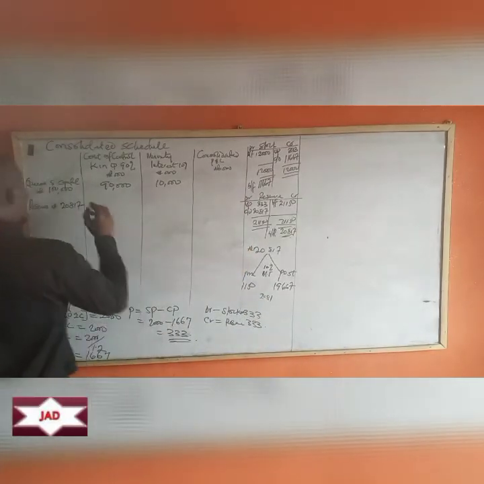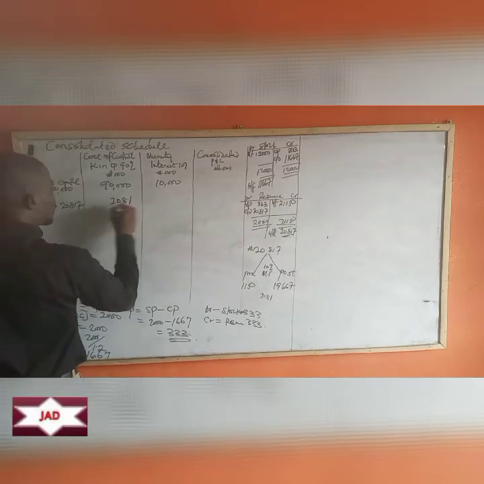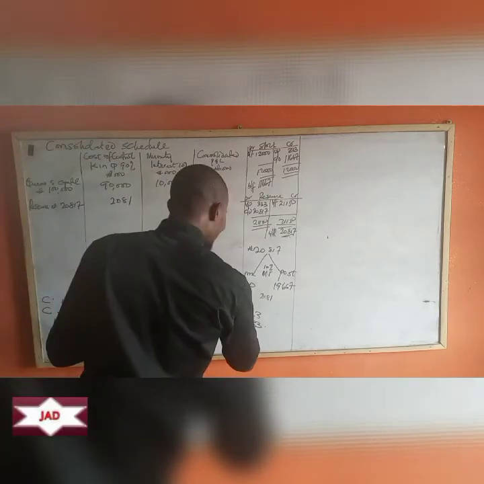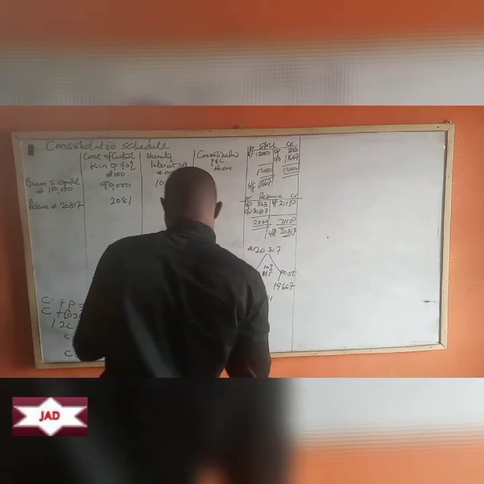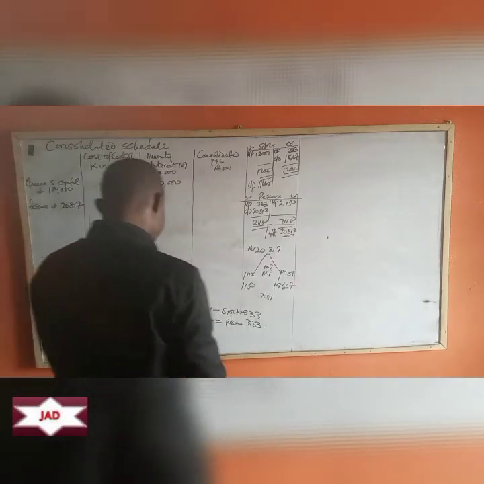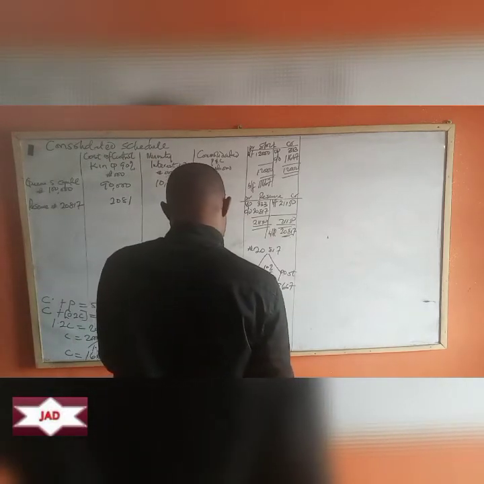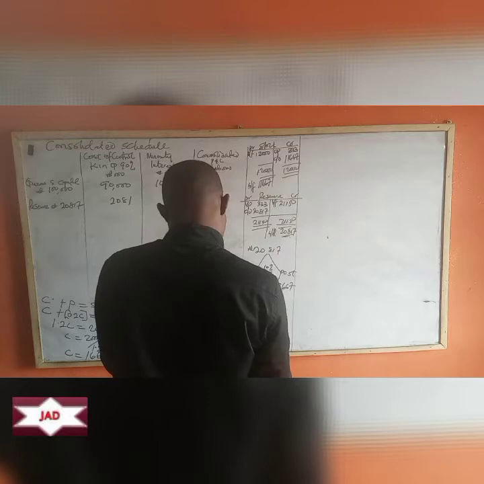So here we have 2,081 as the minority share. Now 90% of the pre, what is the pre? 1,150.